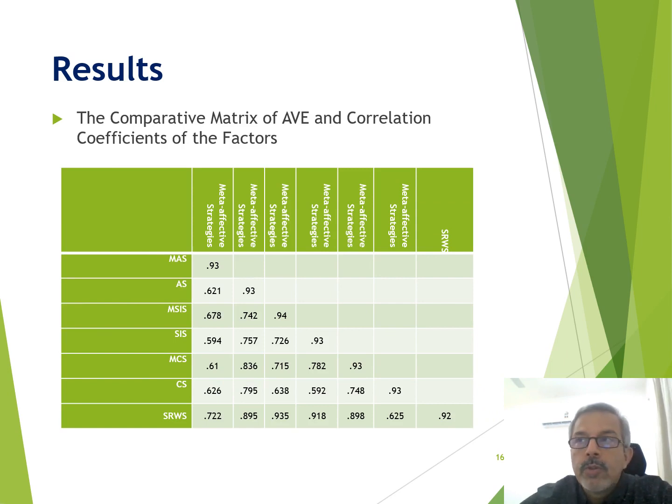When we come to AVE, we have some other measures, and you can see that all of them are well above 0.5 or 0.6, which are quite acceptable. All the constituents enjoy high estimates.